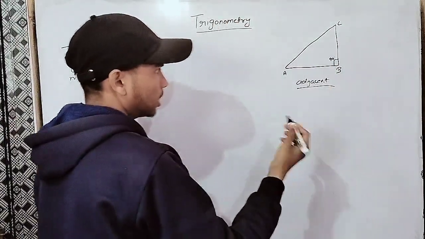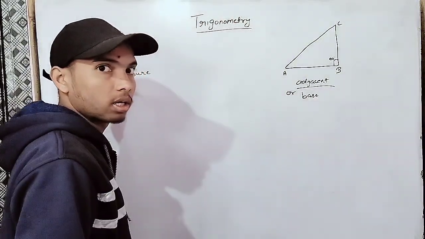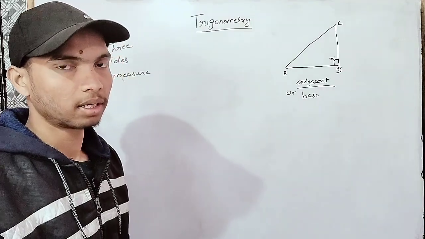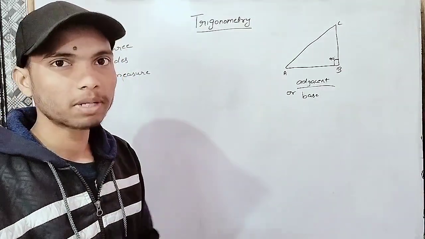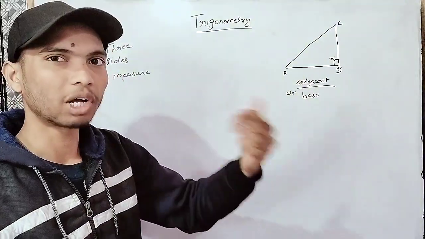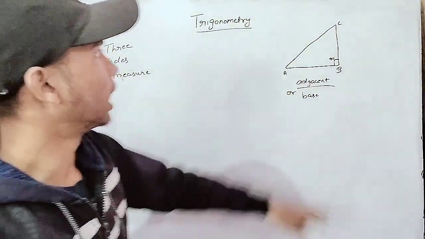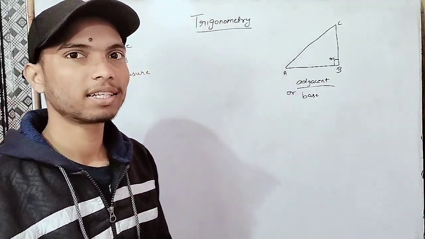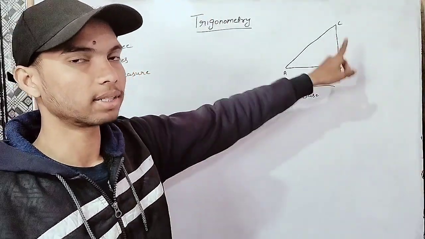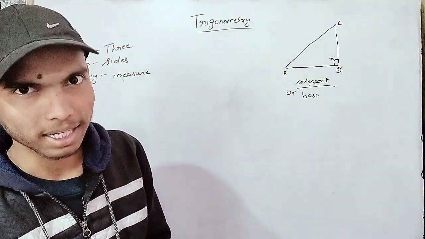Always remember, from the perspective of the 90 degree angle, this side is known as adjacent, otherwise base. And this side is known as perpendicular because it is straight. Otherwise, you can say height.